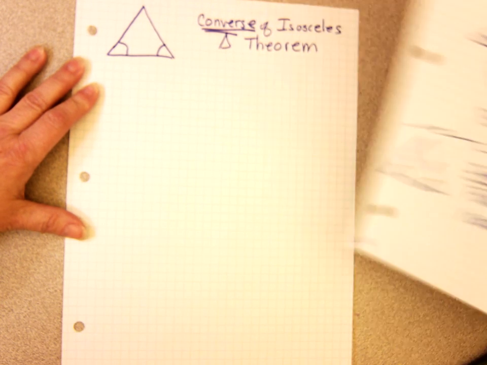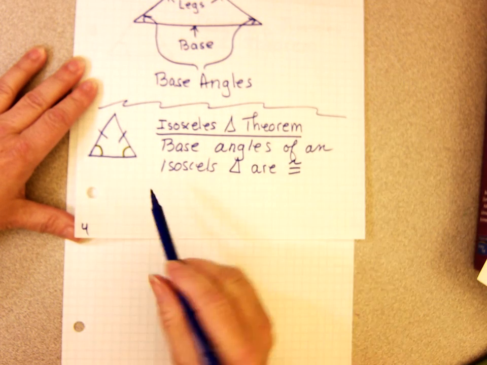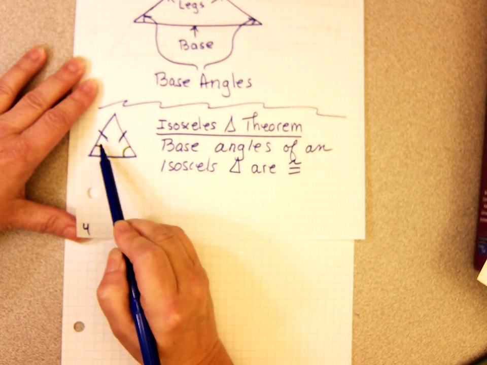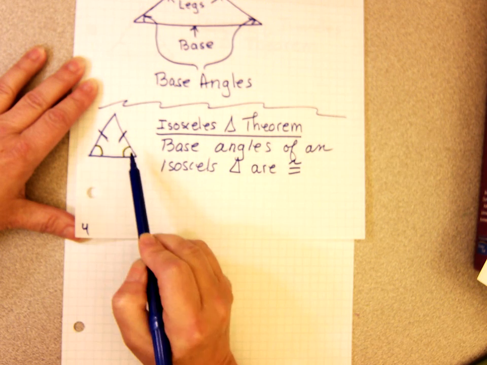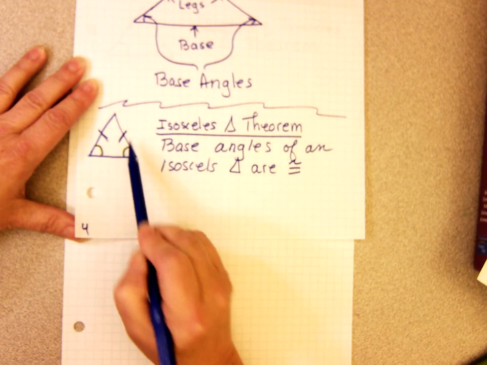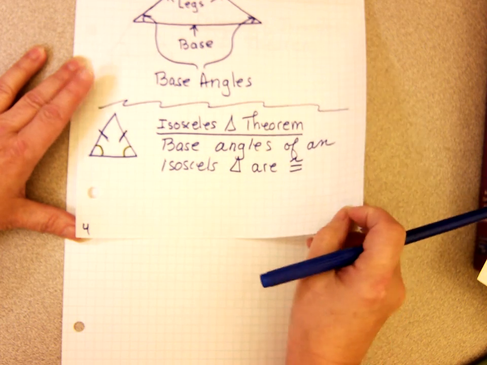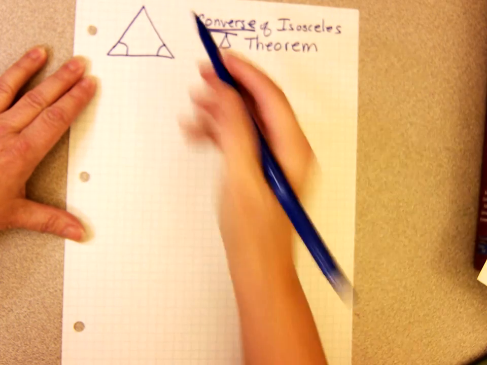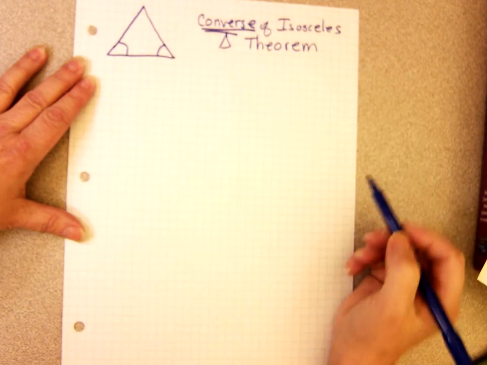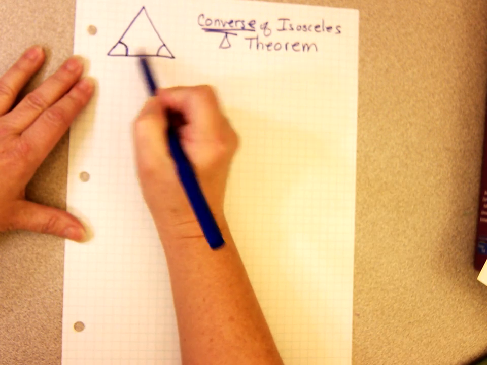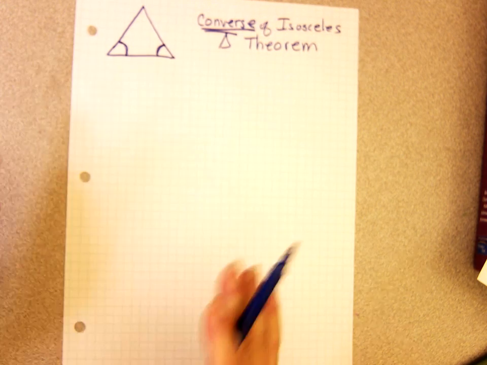Okay, remember, the isosceles triangle theorem said that if I have an isosceles triangle which has two congruent sides, the opposite base angles are also congruent to each other. What do you think the converse is going to say? This is all I'm given. The two base angles are congruent. I don't know anything about the sides yet.